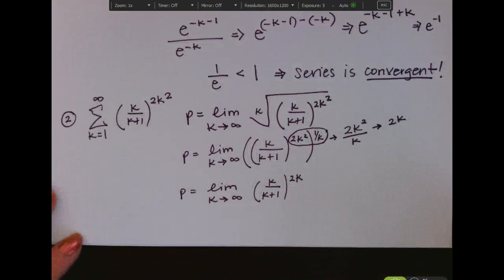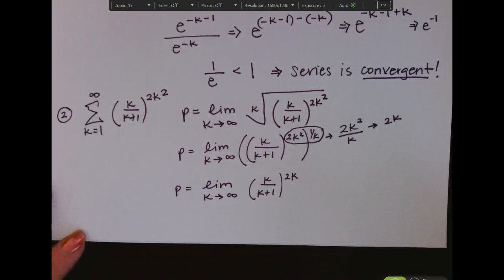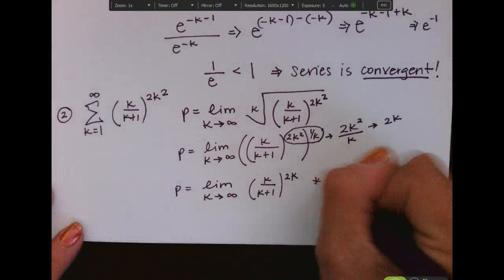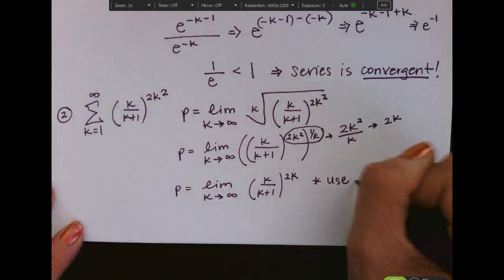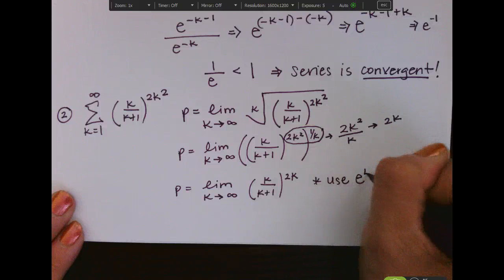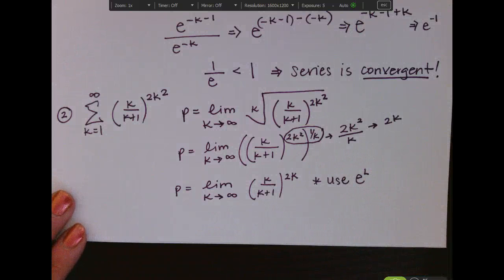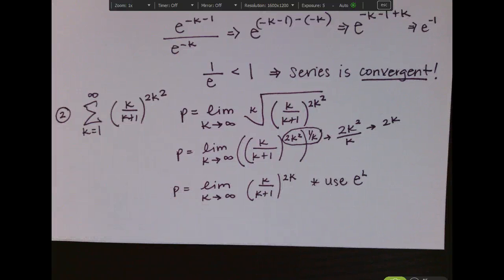So I get this indeterminate form of 1 to the infinity, and so I have to use that e to the L, taking the natural log property, in order to continue to evaluate this limit in order to find p.